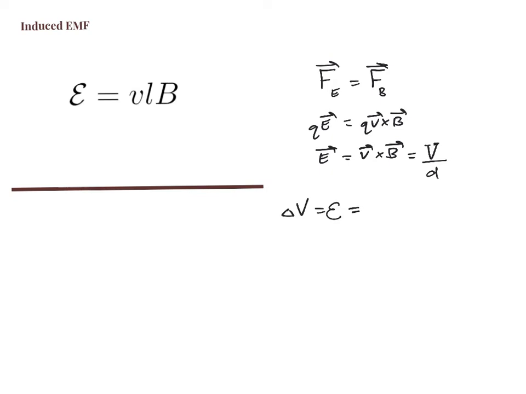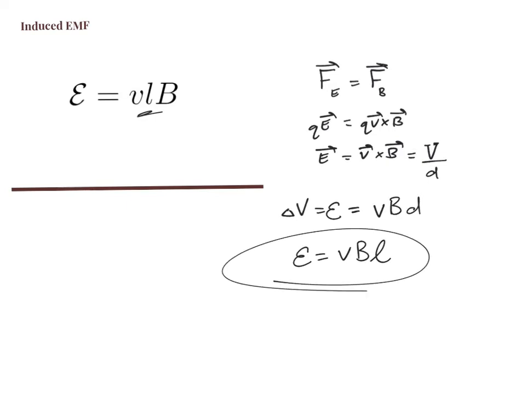We're going to assume we're at right angles. So we'll say V as in velocity times B times D, the distance across, which is also this L. So you could reduce that down to the EMF equals the velocity times the field times the length of the object. So anytime you've got a conductor moving at a right angle to a field, this is the induced EMF.